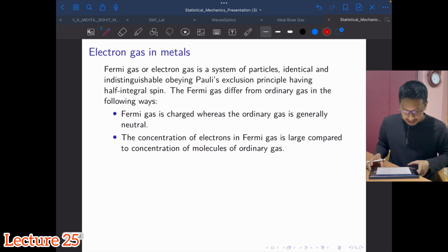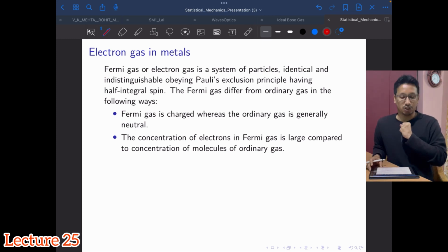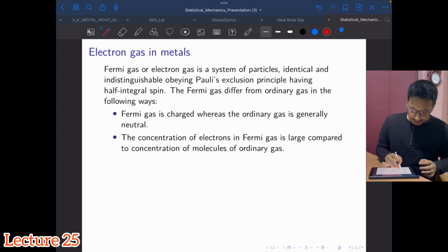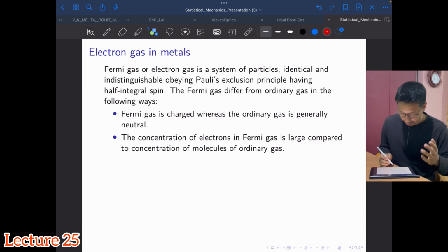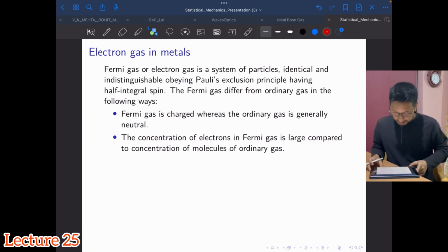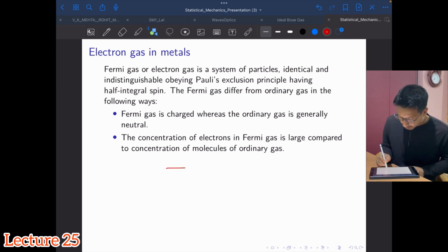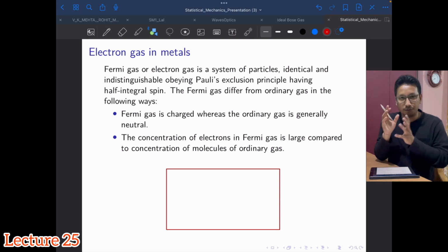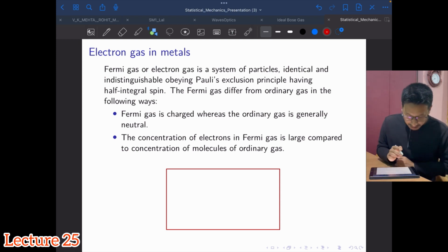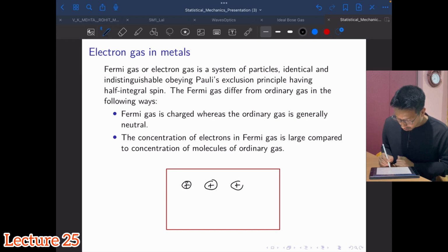Then we'll try to talk about the electron gas in metals. You must have had a little bit of an idea about the electron gas in your solid state physics course. You can think about a metal something like this. Analogous to your idea of an ideal gas, you can think about a metal as a matrix of, let's say, positive nuclei.